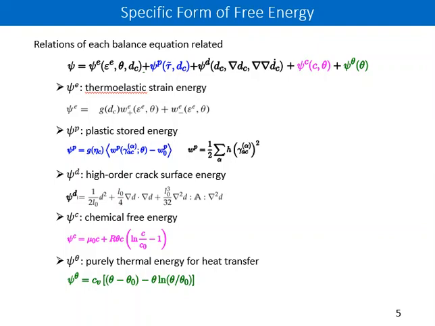In the high-order crack surface energy, we introduce the fracture anisotropy term to describe the preferential fracture directions of rock salt with cubic crystal structure. Finally, the chemical free energy and the thermal energy take the Euro form.